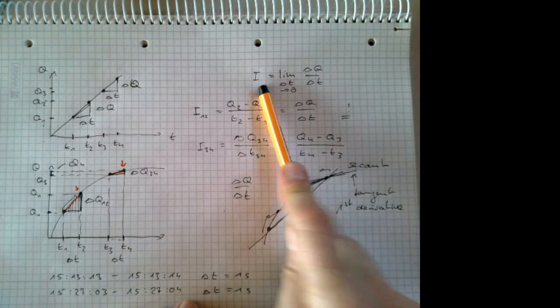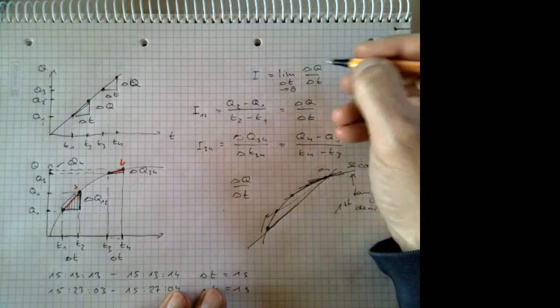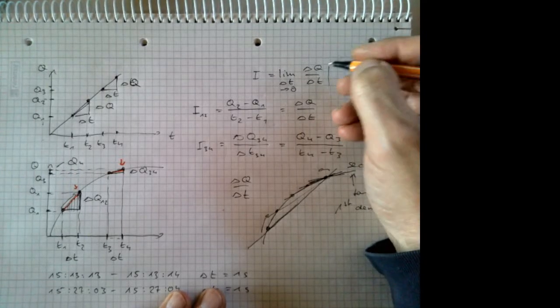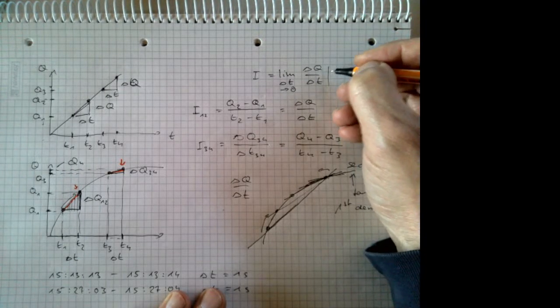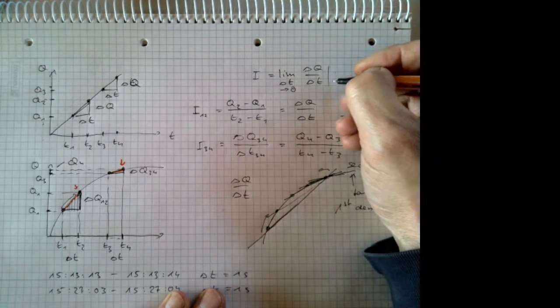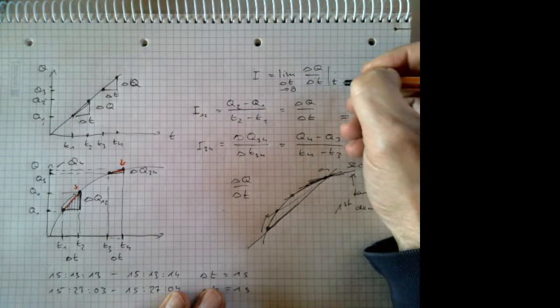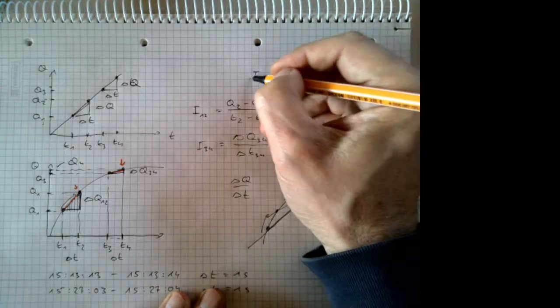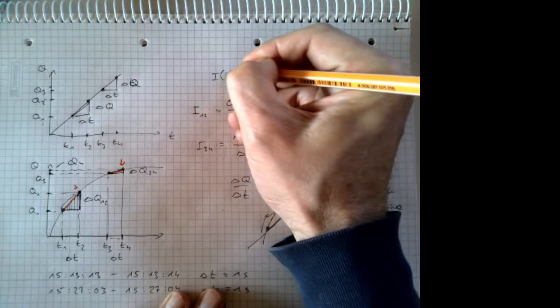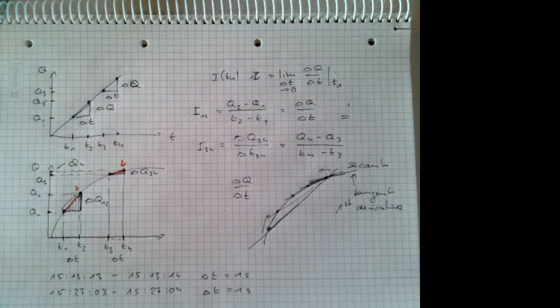So the real current at a certain point, you are evaluating this at a certain time. Let's say at the time t1. So this would be the current at t1.